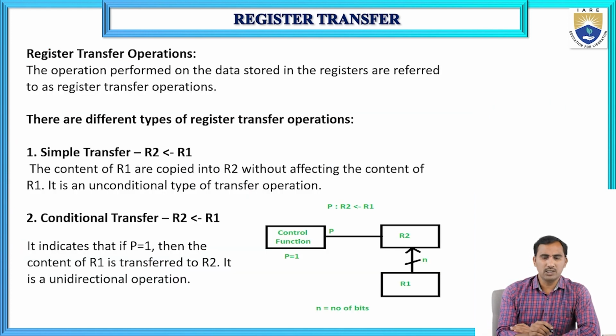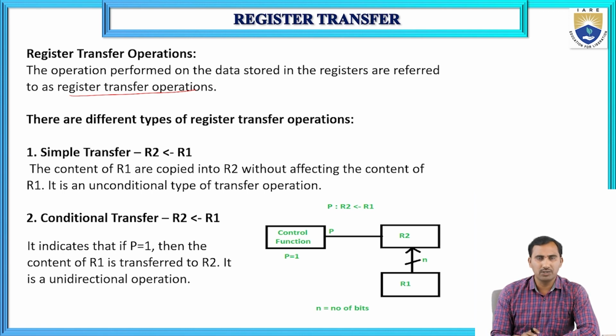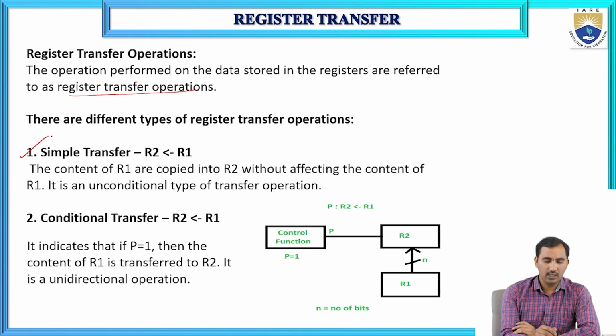And coming to register transfer operations. The operations performed on the data stored in registers are referred to as register transfer operations. We mainly have three types. The first one is the simple transfer, which is written R1 arrow R2.